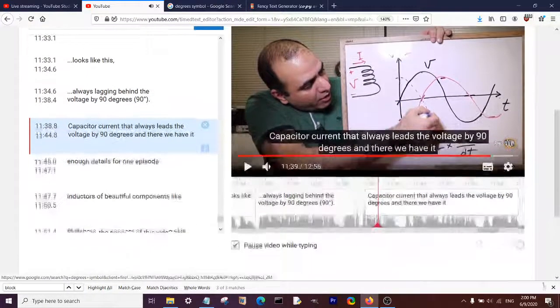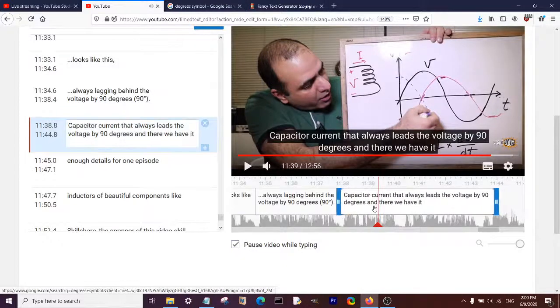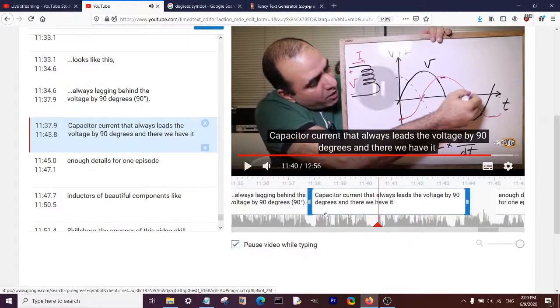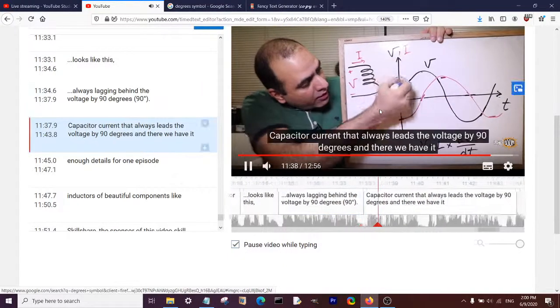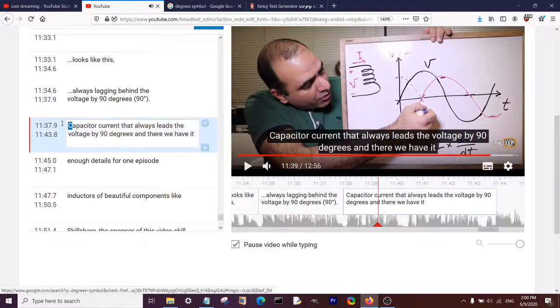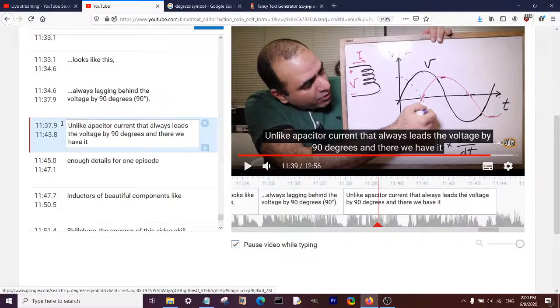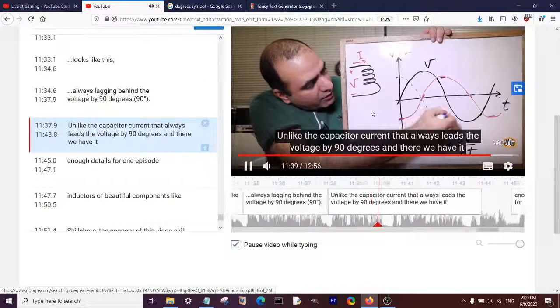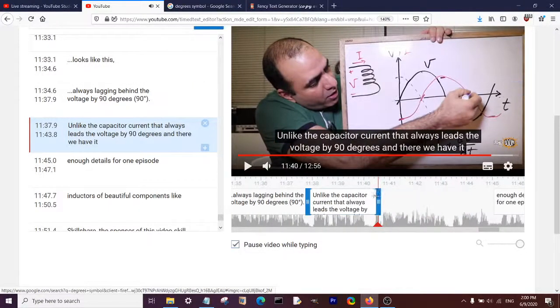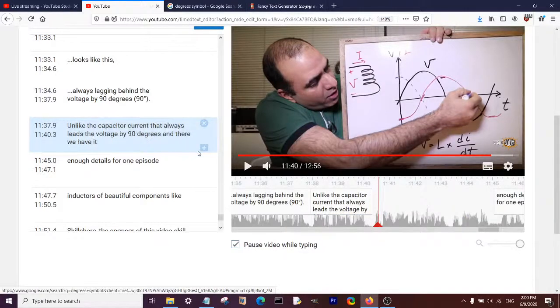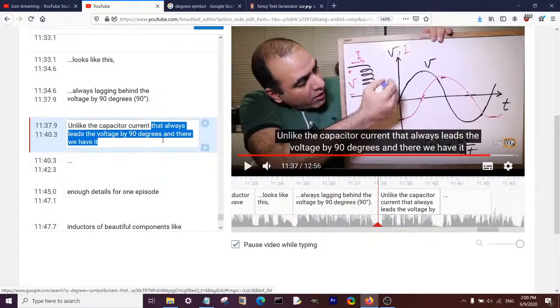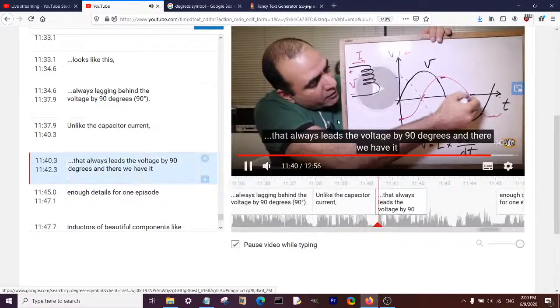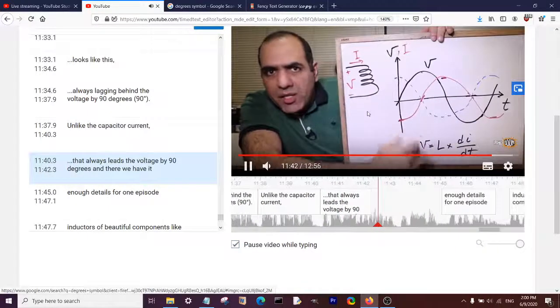Unlike a capacitor current that always leads the voltage by 90 degrees.